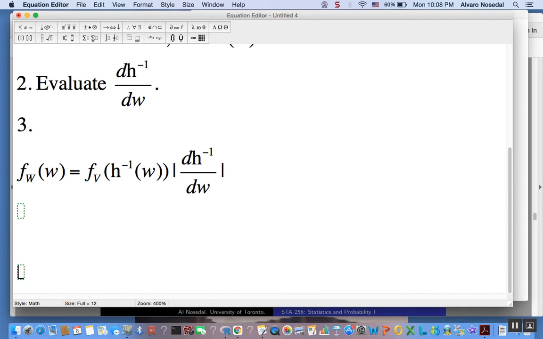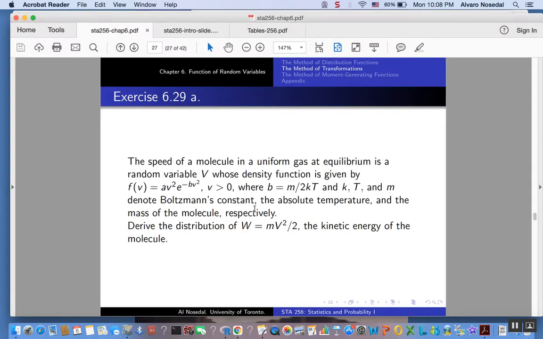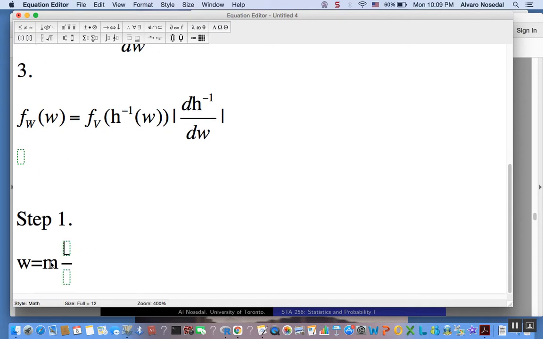So step 1. We have, right, the transformation is W equals mv squared divided by 2.